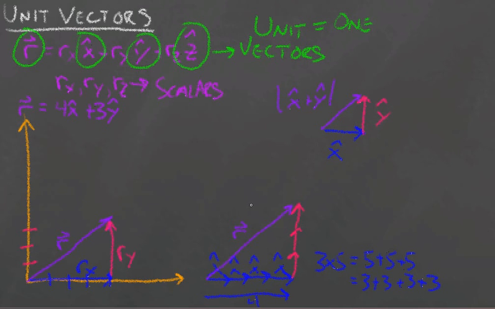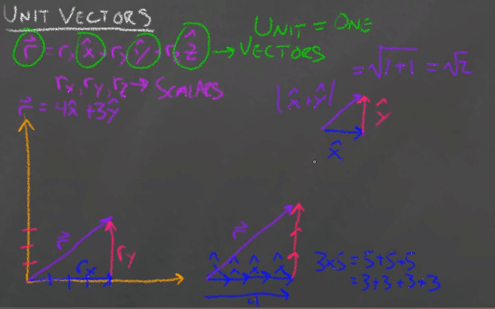And what if we want to look at the magnitude of it? Well, we know that the magnitude is just the square root of the x component squared, which is 1, plus the y component squared, which is 1, so it's the square root of 2.